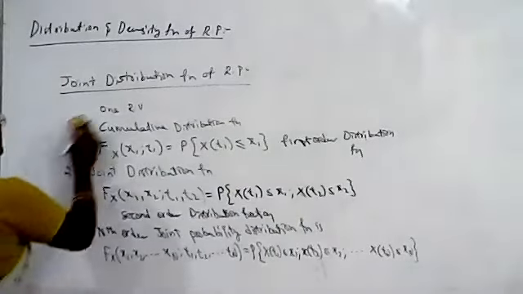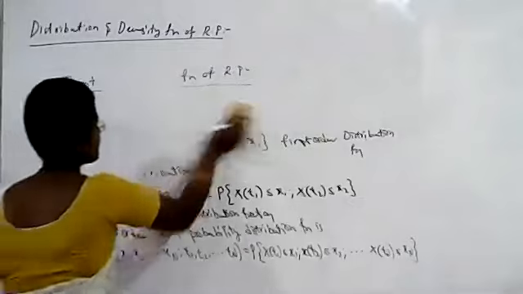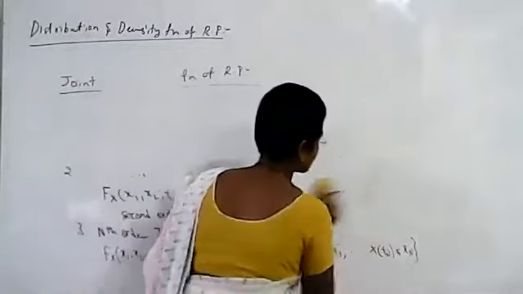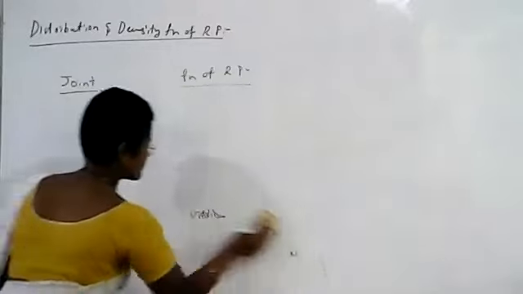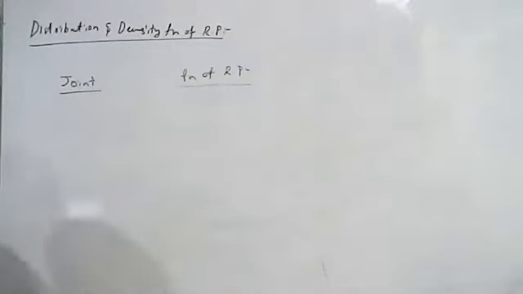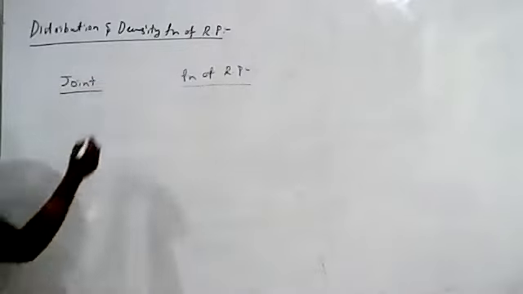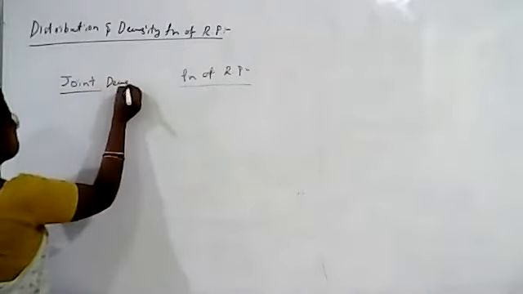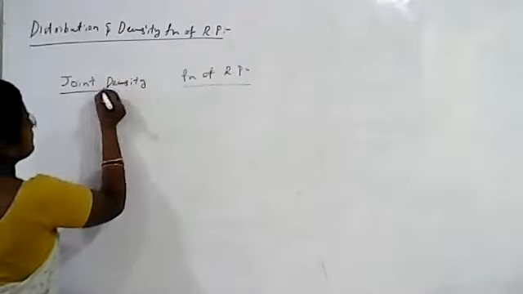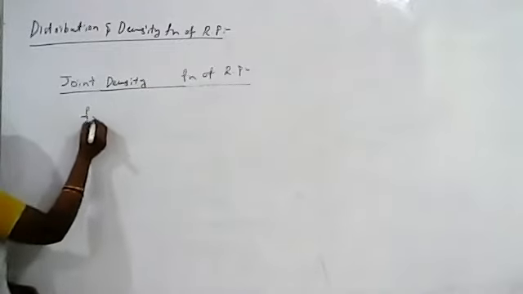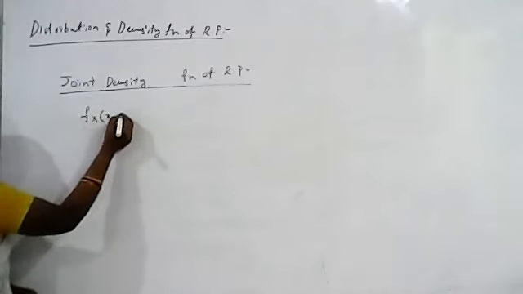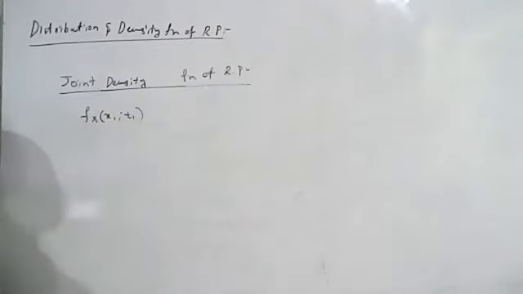Now we'll discuss what is the density function of a random process. So we know what is a density function. Density function is the derivative of the distribution function. So, the joint density function of a random process. We denote it with small f.